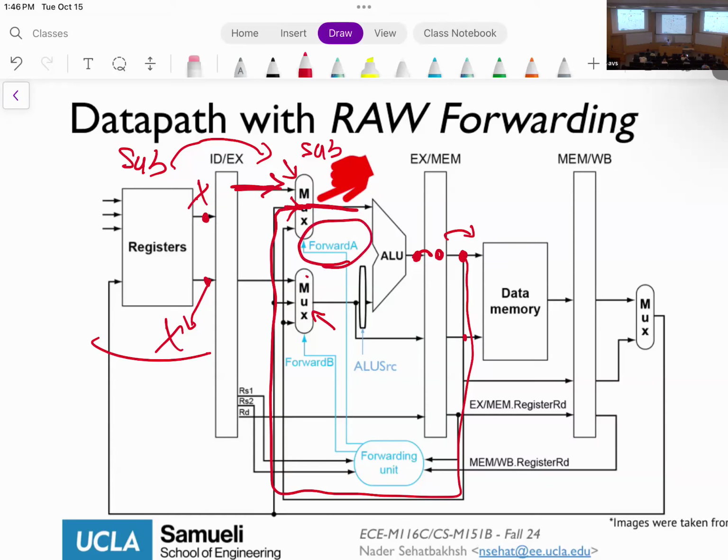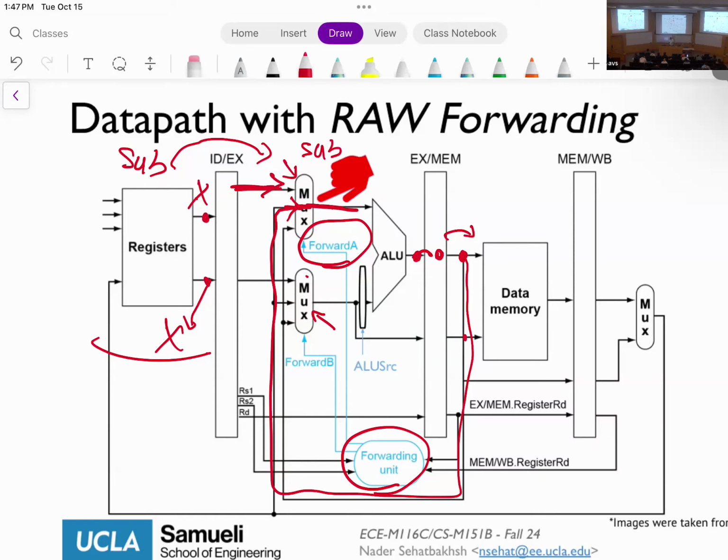My control signal is this forward signal that is generated by this forwarding unit. So I'm going to see whether the condition for forwarding is met. The condition for forwarding is that the destination register of an old instruction is the same as the source register of the new instruction.